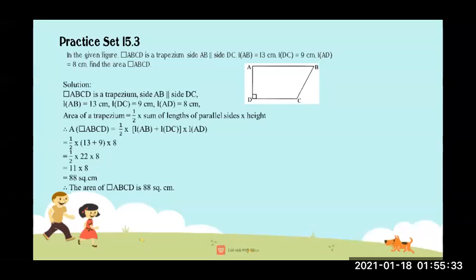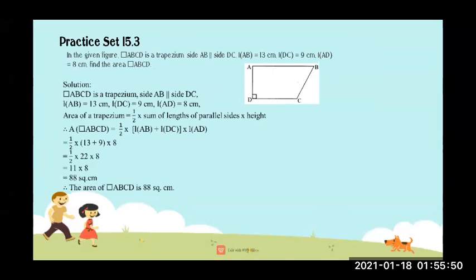So it is already given in the question that side AB is parallel to side DC, and the measure of AB is 13 centimeter, DC is 9 centimeter and AD is 8 centimeter.